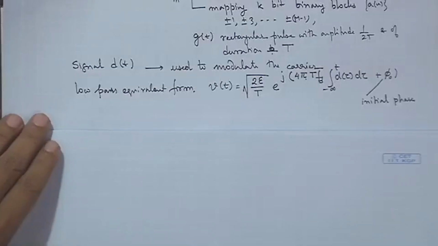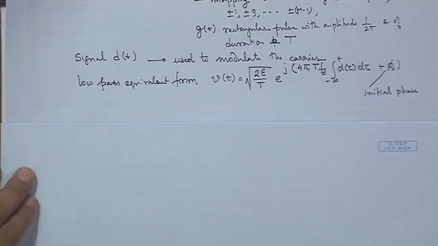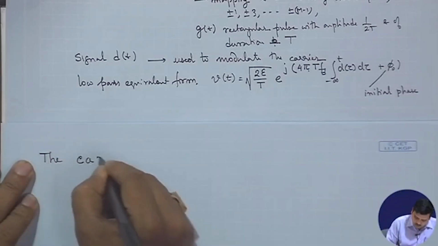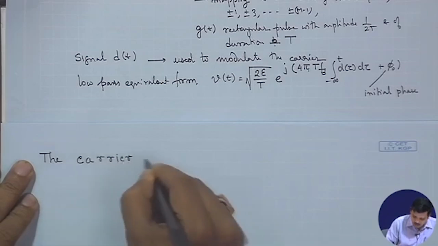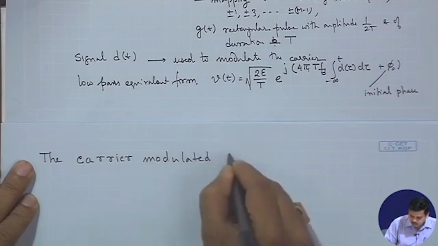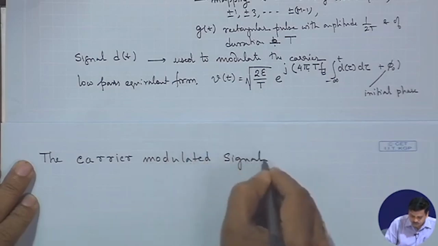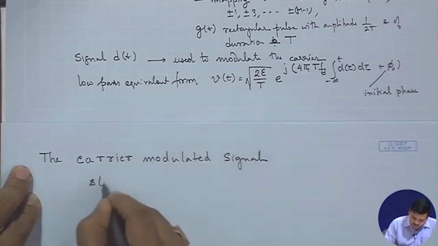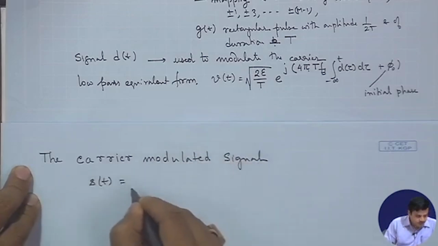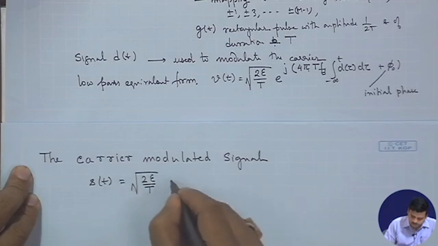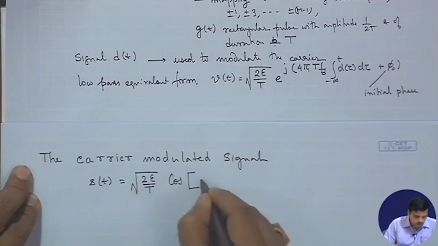So, moving down further, you would have the carrier modulated signal. Now we need the carrier modulated signal. Again you could write, looking at the above one, root over 2E upon T cos of 2 pi f_c t.